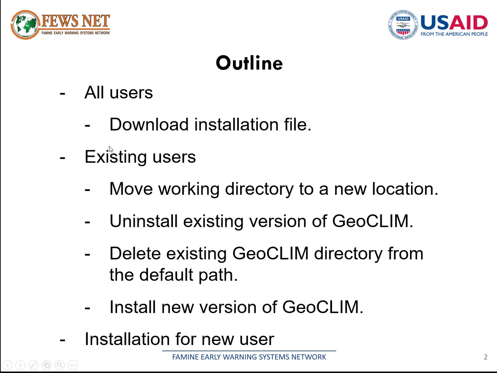There are some of you that already have the previous version of the GeoCLIM, so we're going to go over how to install the new version on your computers. And for those of you that don't have the GeoCLIM, we're going to install it from scratch. So let's take a look then.